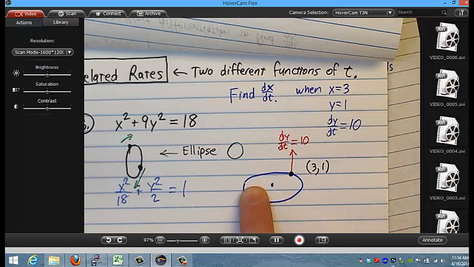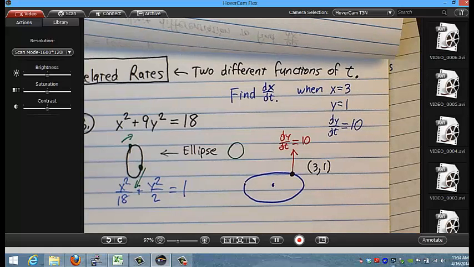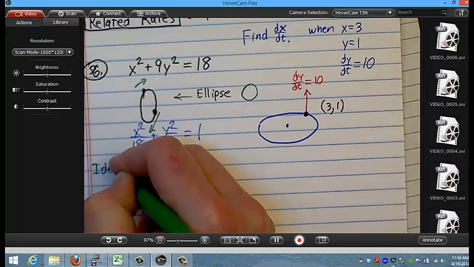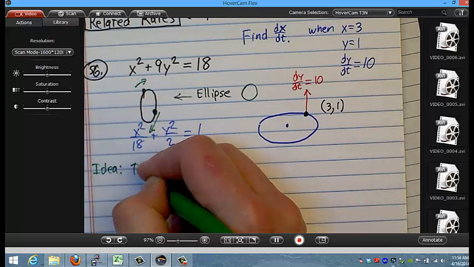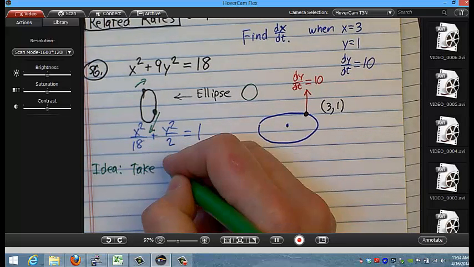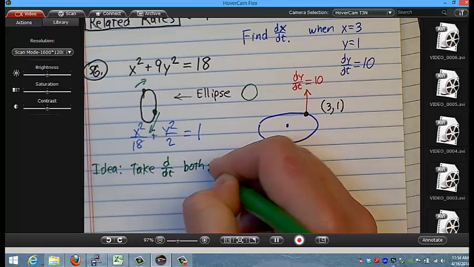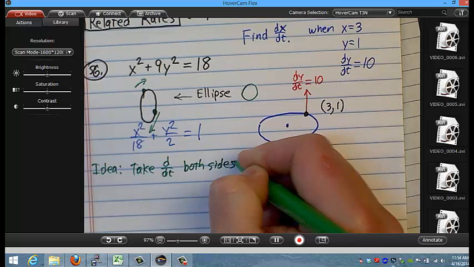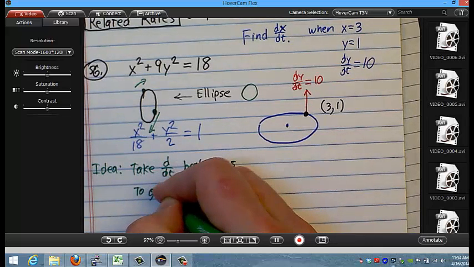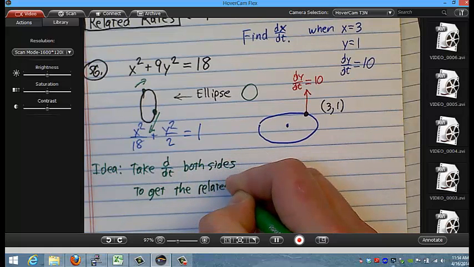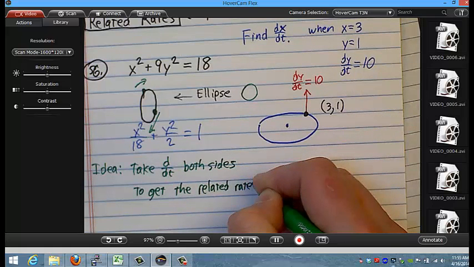We'll see. All right, so here's how this works. The idea for implicit differentiation, we want to take not d dx of both sides, d dt of both sides, to get what's called the related rates equation.